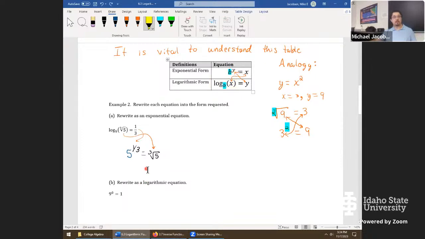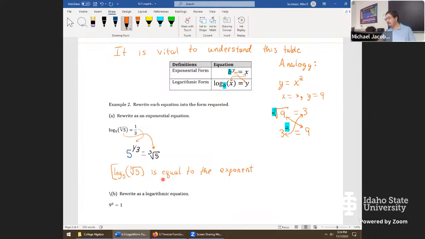So let's take another look at this problem. Another way to think of it is log base 5 of the cube root of 5 is equal to the exponent. It's always a good call to think of your logarithm as literally an exponent.